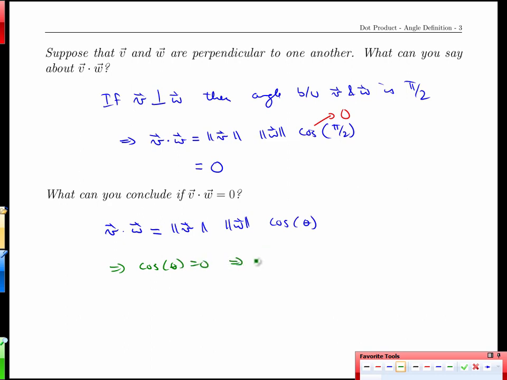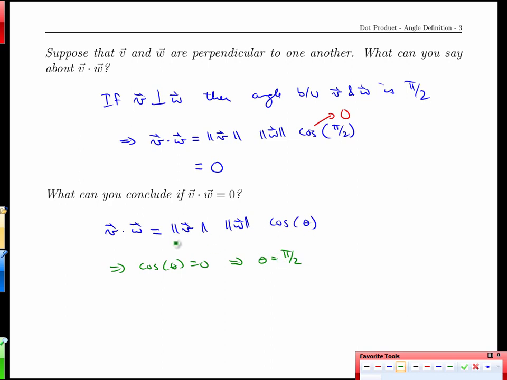And the way that's going to work is that the angle is going to equal pi over 2. And again, if we're measuring angles with respect to each other, we take the smallest one. It'll never be any other higher number than pi over 2. And, well, this is fantastic. Oh, wait, but that's not the only possibility.